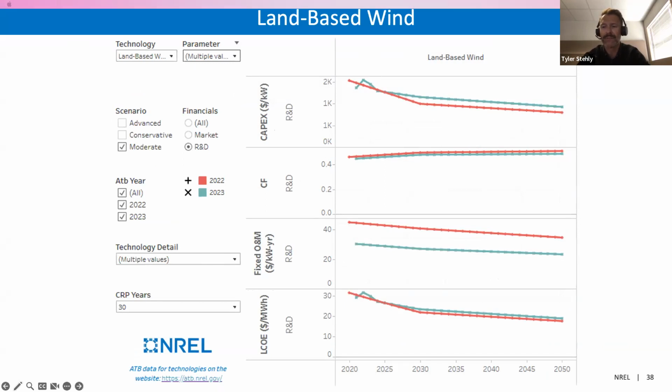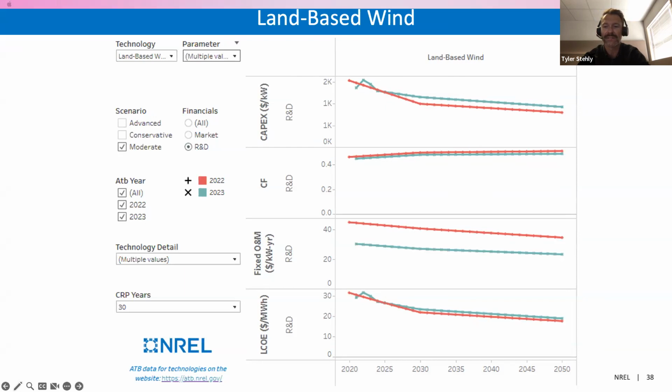For example, the base year wind turbine rating in the 2022 ATB assumes a market average of a 2.8 megawatt machine, and it steps to a 5.5 megawatt machine for the moderate scenario in 2030. Whereas in the 2023 ATB, we report data for a 6 megawatt wind turbine from the base year to 2030.